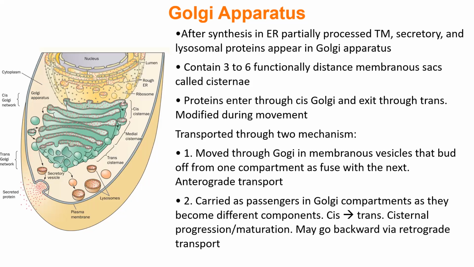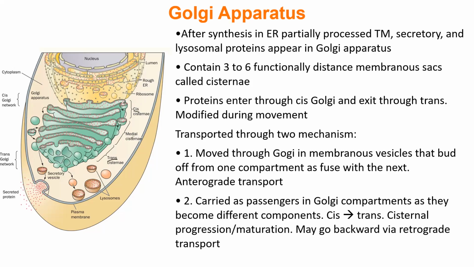And the Golgi is made out of these membrane sacs called cisternae, anywhere from 3 to 6 different sacs. We start in the cis and end in the trans. So it's always going from cis to trans. The cis is right near the ER. The one in the middle is called the medial.